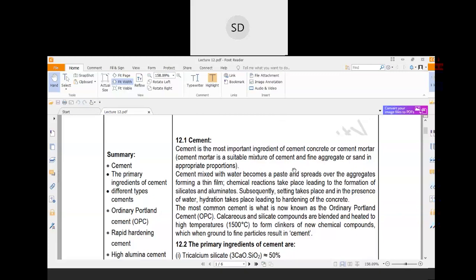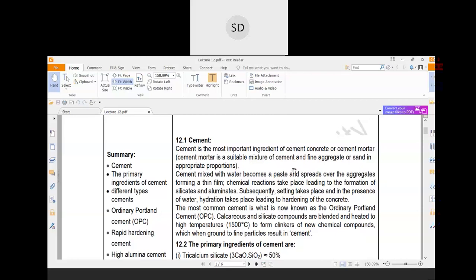In cement concrete, whenever water is added, a chemical reaction or hydration process proceeds. In that case, the whole cement concrete mass will act as a homogeneous mass, and the properties of that mass will be different from the particular cement or aggregate particles.